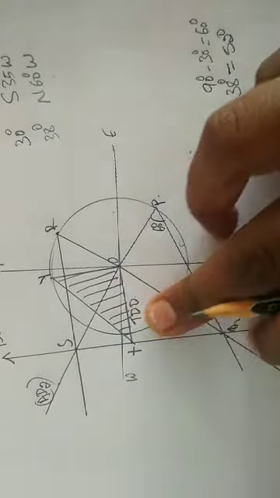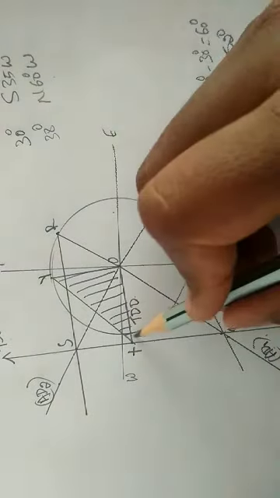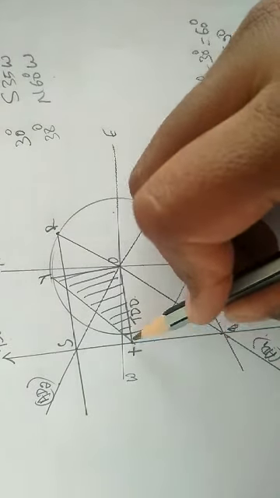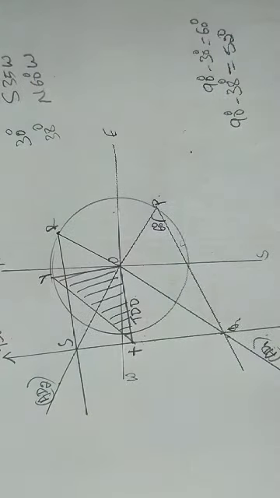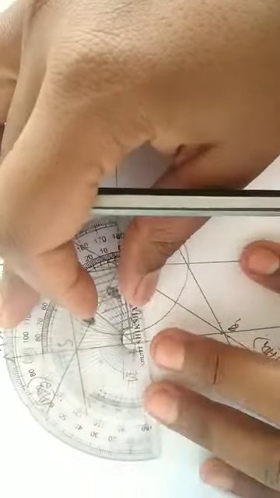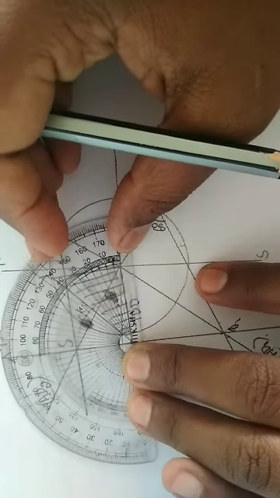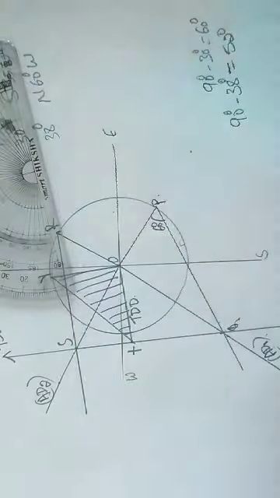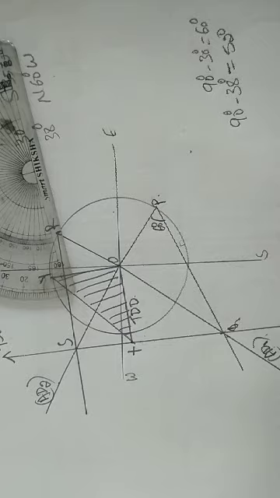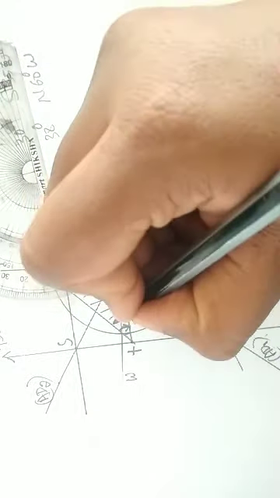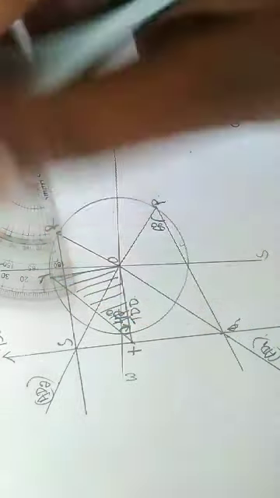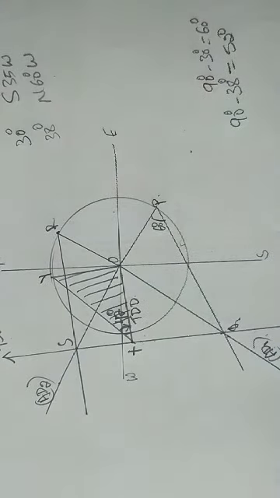In order to find out the true dip amount, we need to measure this angle which is formed at X by the intersection of this true dip direction with the strike line. Here we got it as 42 degree. So the true dip amount is 42 degree.